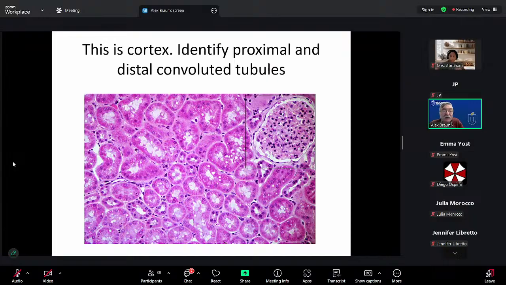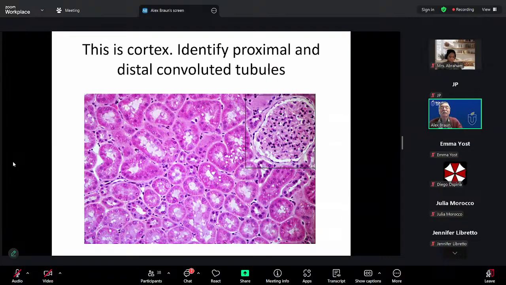Actually, usually you see more proximal convoluted tubules than distal convoluted tubules because the proximal tubule is longer than the distal tubule. Two-thirds of the absorbing of the kidney is occurring in the proximal convoluted tubules, so it absorbs most stuff into the kidney. And therefore you see more profiles of the proximal tubule, usually, okay?